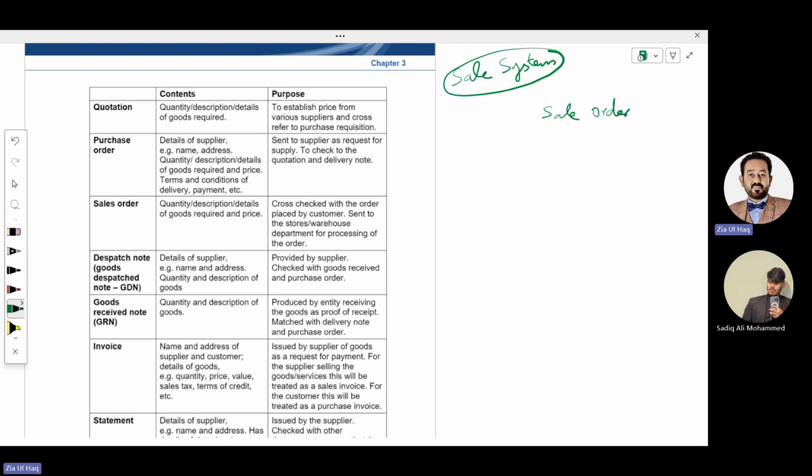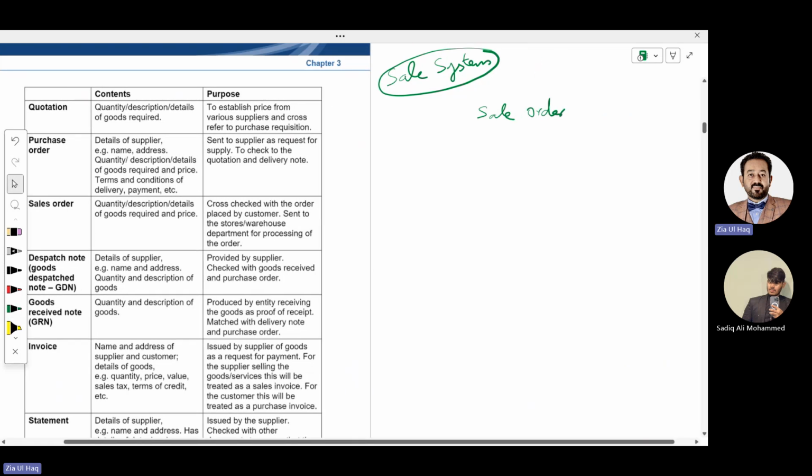The company keeps a record of this document, because it has details about the customer, the number of units he has ordered, the price you have agreed with the customer, and when you need to deliver the goods to the customer.